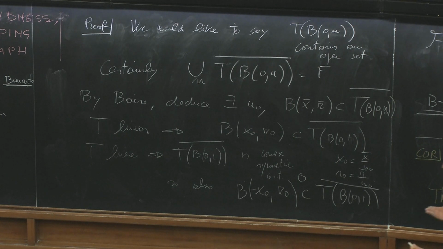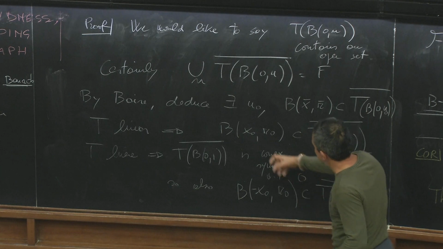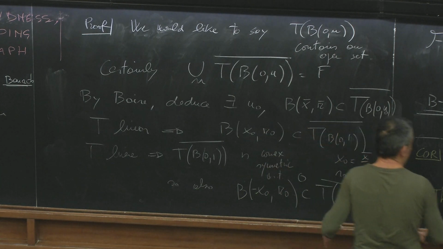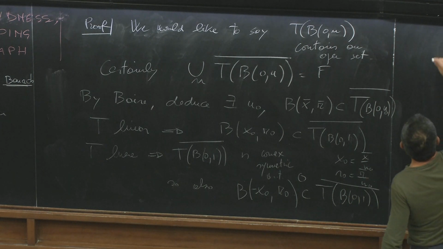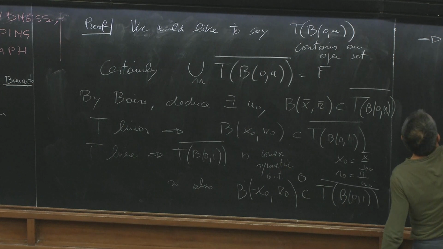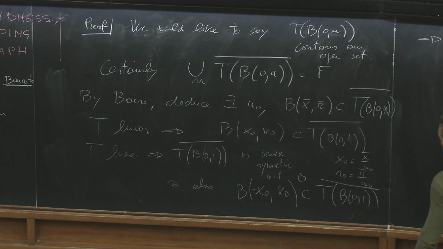Now, since it is convex, I deduce that the convex combination is contained in it, and the convex combination is clearly the ball centered at 0. So these are just some linear operations in order to deduce this fact.